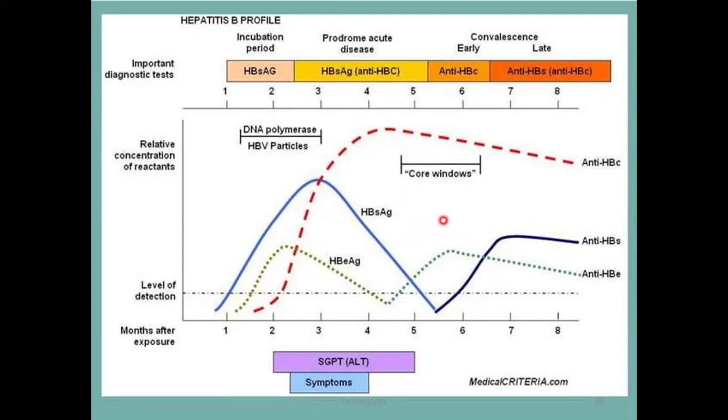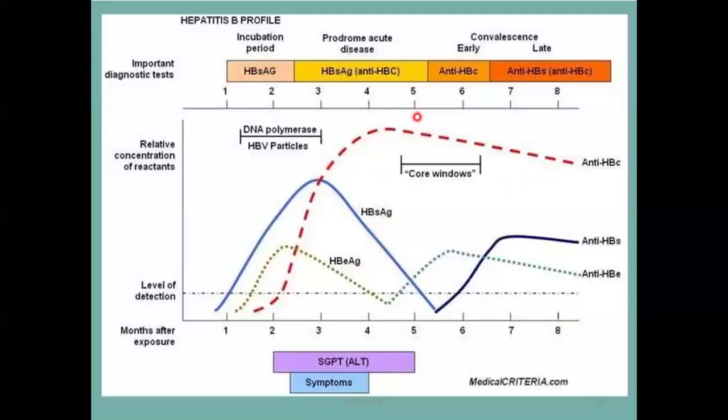And I want you guys to understand it. So the first thing is, this is something you should have in mind. I hope everyone is listening, okay? Number one, antigens. So antigens are HBs antigens, HBc antigens, and HBe antigens, okay?